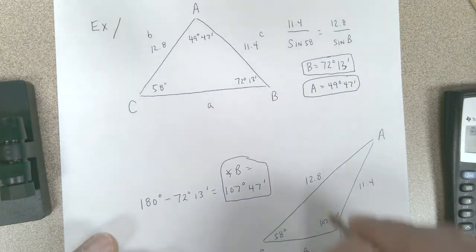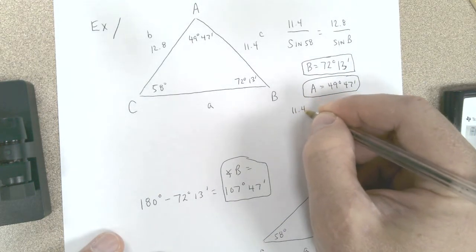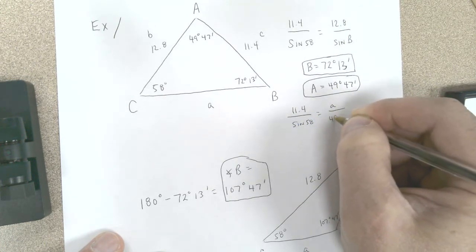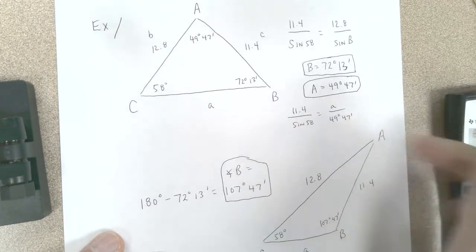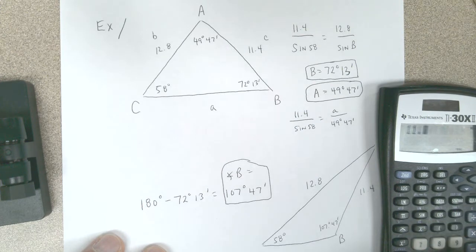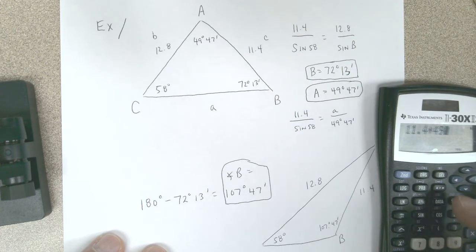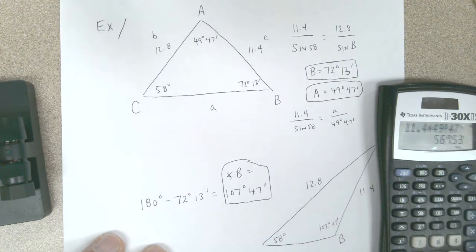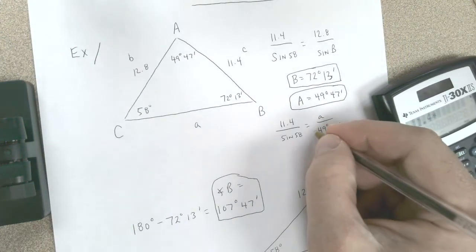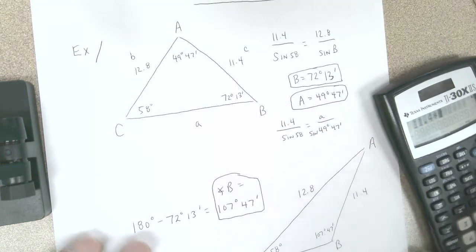Now I can find my little a. So 11.4 over the sine of 58 equals little a over the sine of 49 degrees, 47 minutes.